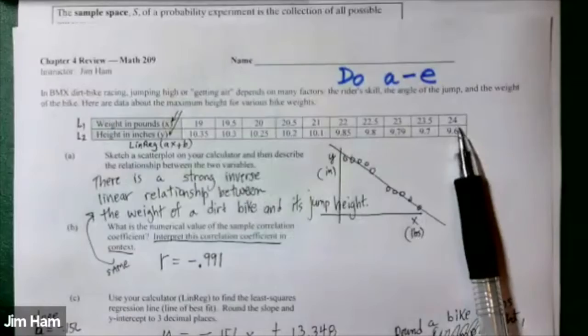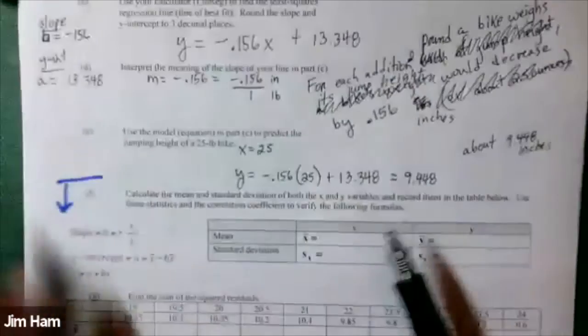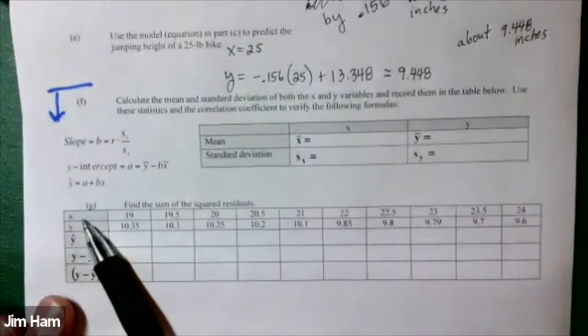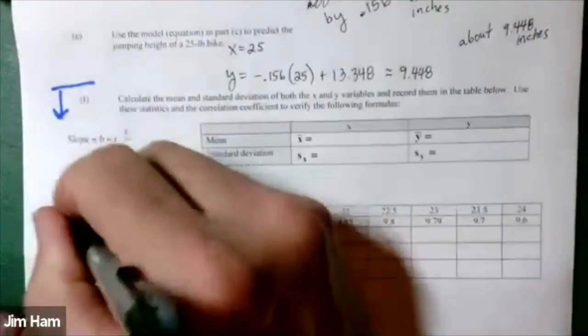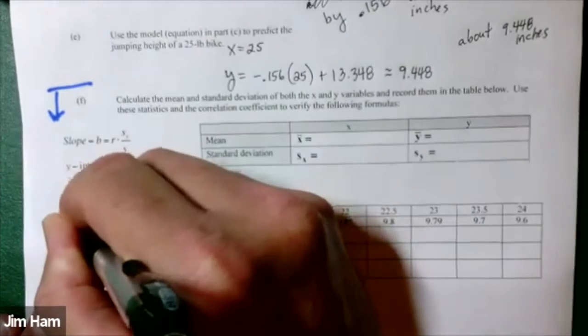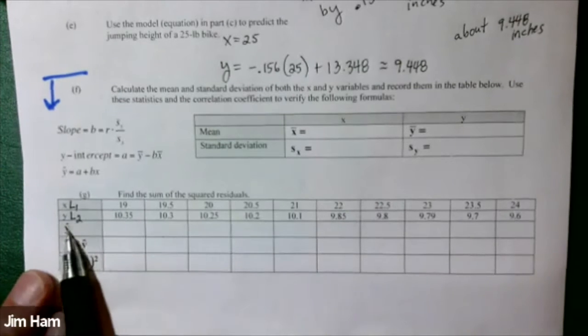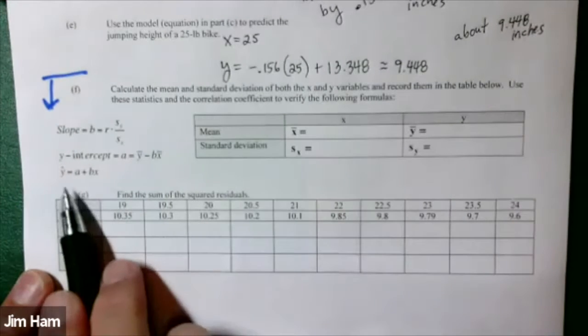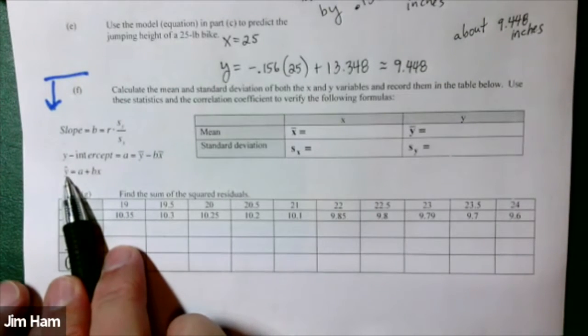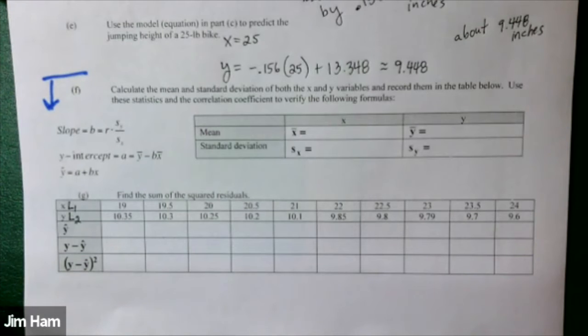All right, so what I've done here is I've taken the table from the top, this table right here, and I've transported it down here. So here's your X, and those values are in L1, and there's your Y, and those values are in L2. Now the Y hat, this next column, this is what we call the predicted value of Y from our regression equation.